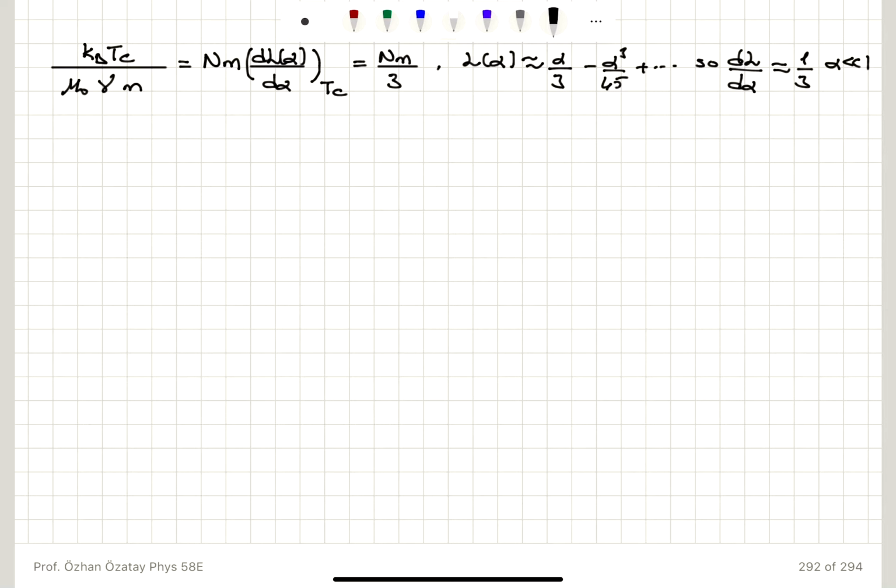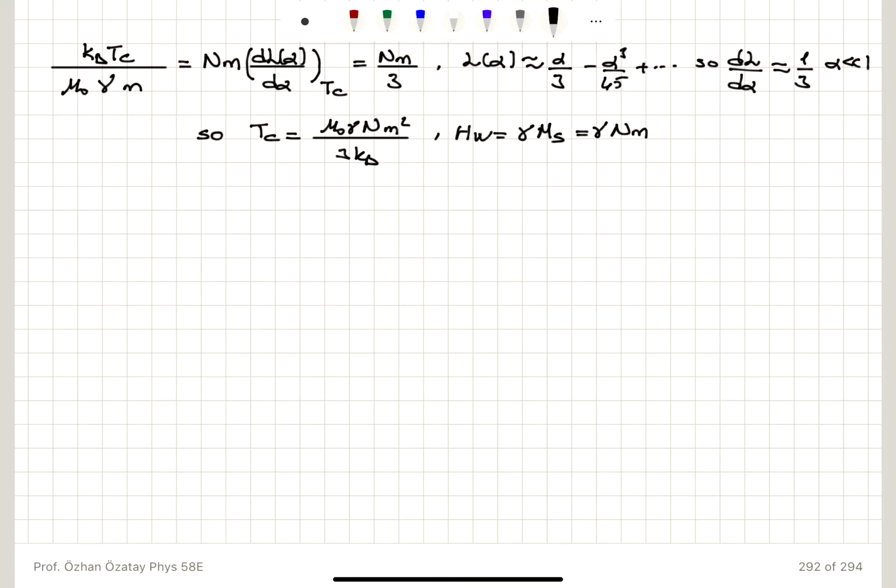Okay, so we can write the Curie temperature Tc as mu0 gamma capital N m squared divided by 3 kB. And the Weiss molecular field will be gamma times the saturation magnetization, so it's going to be gamma times N m at that point.